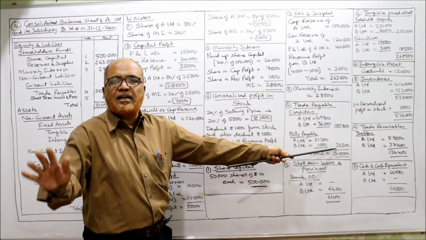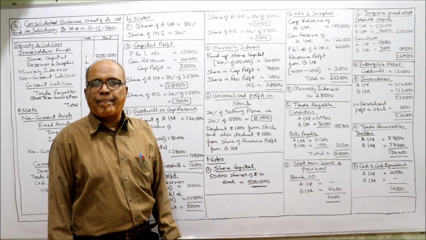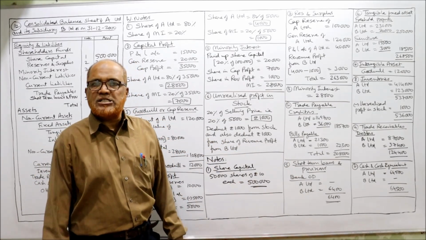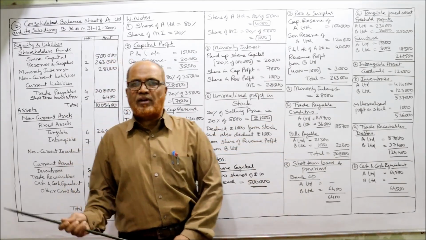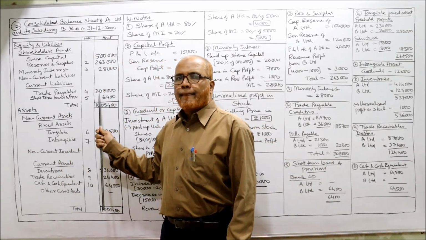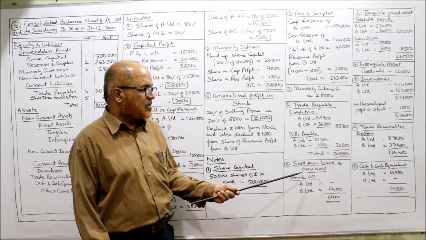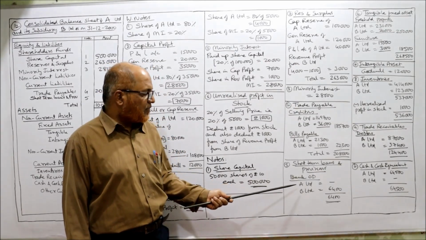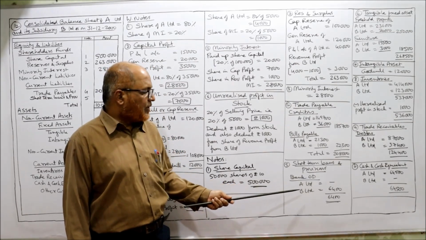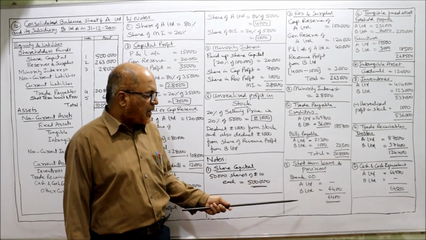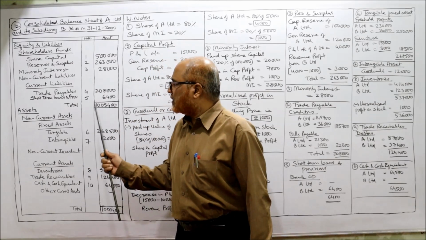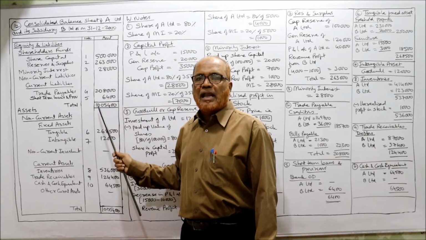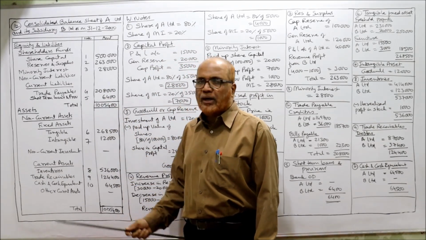There are no intercompany debts, no intercompany transactions. So 2,08,000 we have taken as trade payable. Now short-term loans and provisions. We don't have bank overdraft in A Limited, but in B Limited there is a bank overdraft of 6,400. So 6,400 we have taken here. The total of the liability side is 10,05,400.